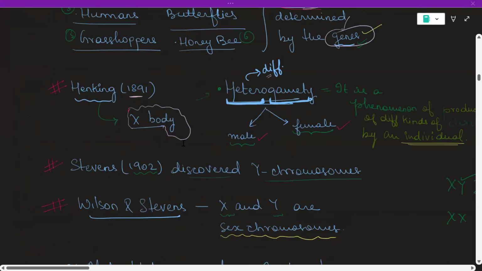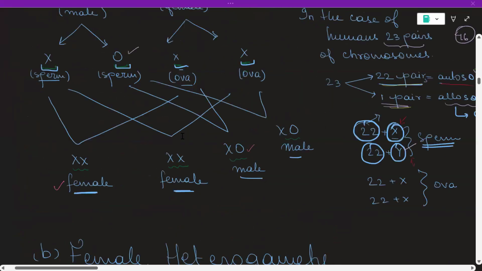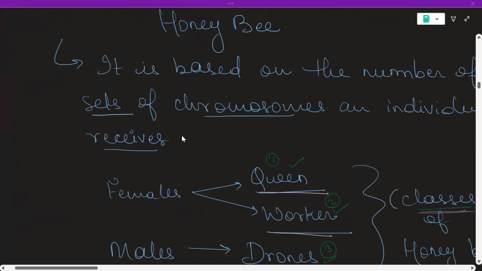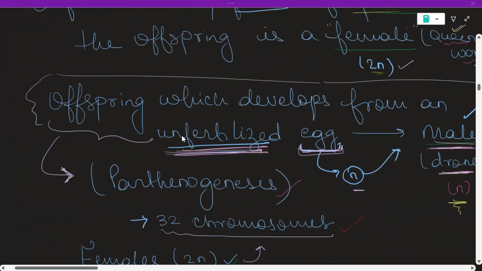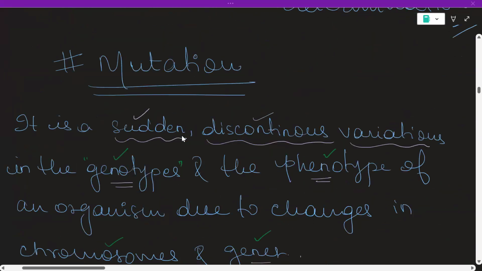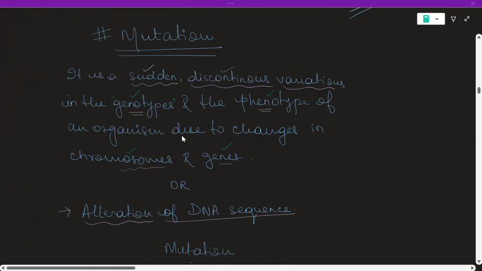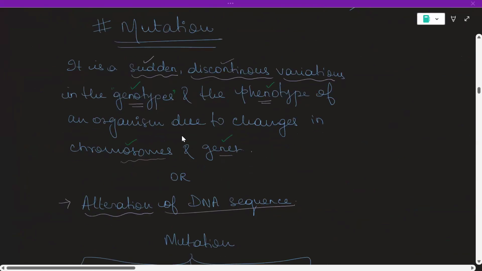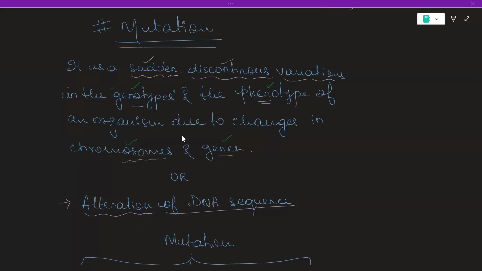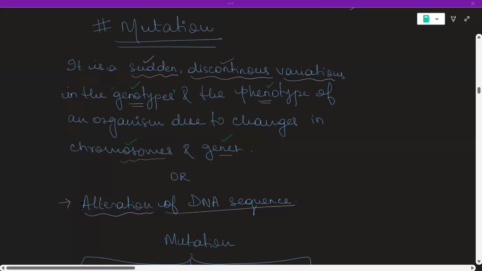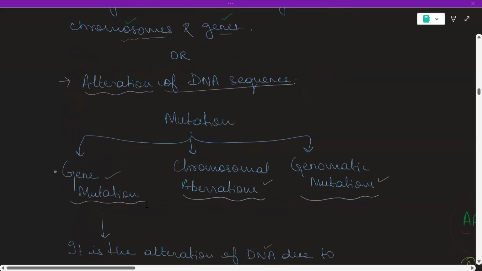Sex determination was also done. Okay. So today I think we have to discuss the disorders only, right? Or mutation. Mutation we have to discuss. I think from disorders. Disorders. Okay.